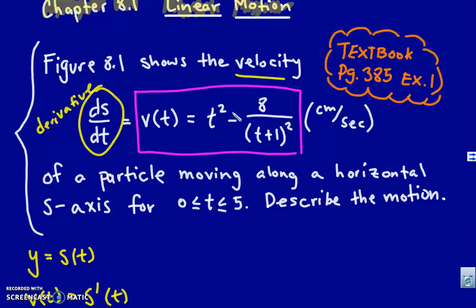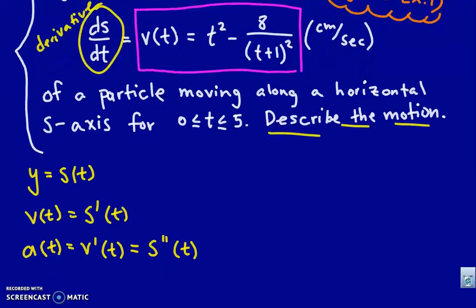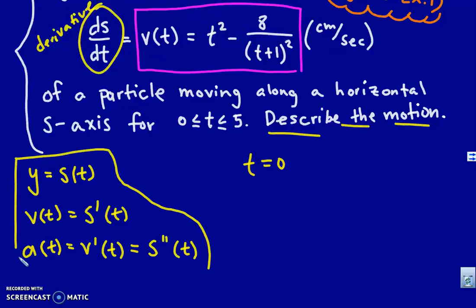And I'm going to graph it because if you are following along, you'll see that they're expecting you to describe the motion, but they give you the graph. So you're supposed to be describing the motion based on the graph that's provided to you. But one thing that we can do is figure out what the velocity is when t is equal to 0, without the graph.